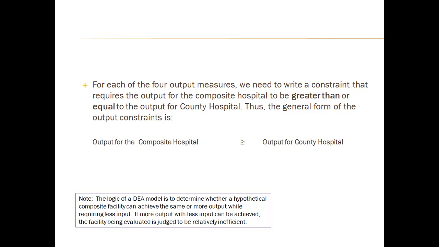However, what we need to see is whether the composite hospital has a result with less input and more output. If so, then the hospital that we are evaluating has problems, or is basically relatively inefficient, since the composite hospital, the example that we have, is already greater than the county hospital specifically.